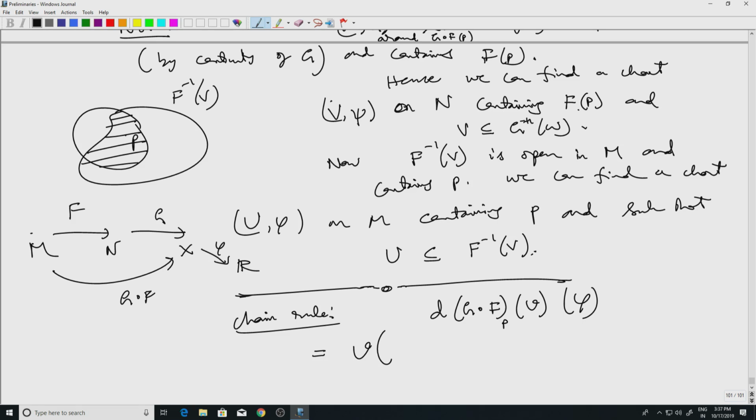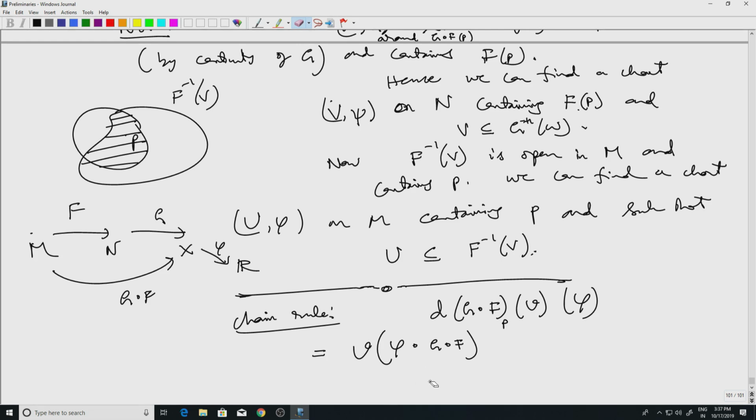So v acting on, so first I look at this function. This is just the definition of the derivative of g composed with f. Okay, so this is the left hand side. Now let me look at the right hand side.